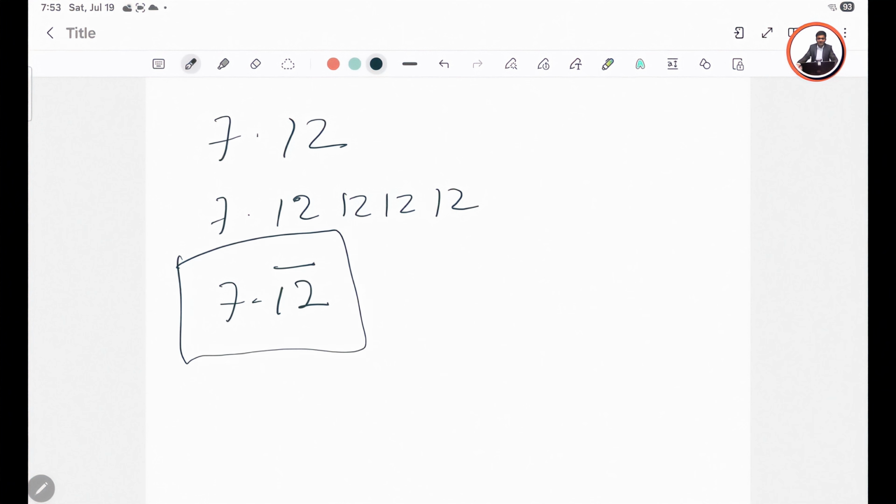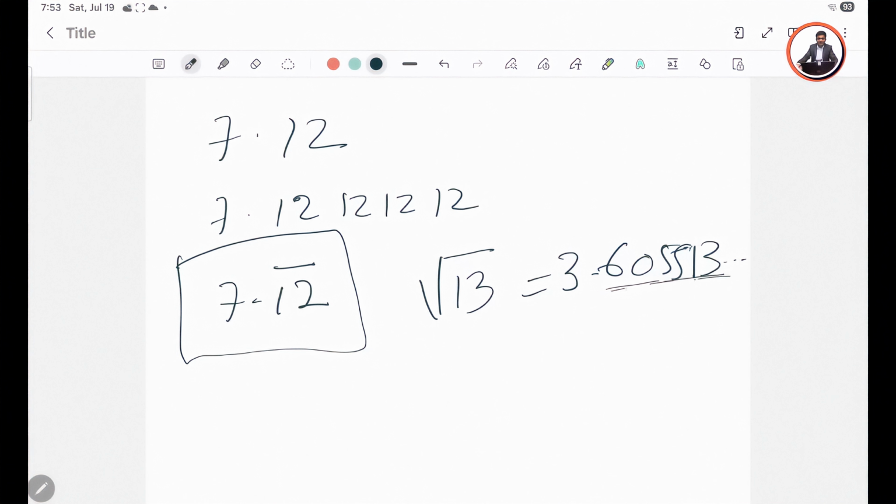And then for example, square root of 13. So square root of 13 is 3.605513 and so on. And look at this one, it is never ending, and also it's not repeating.